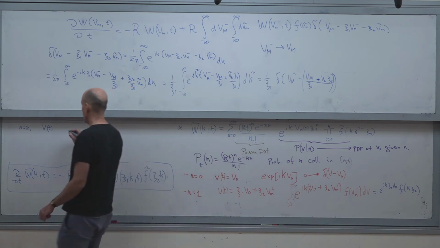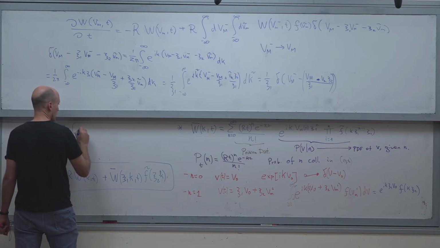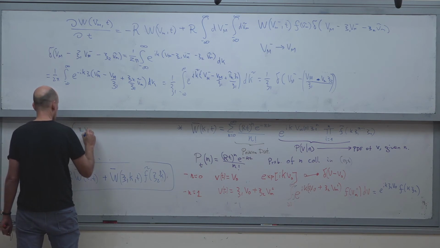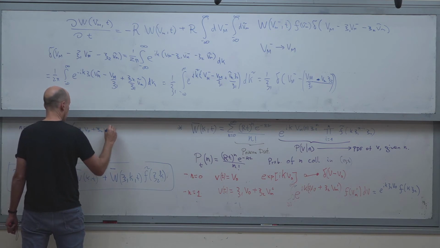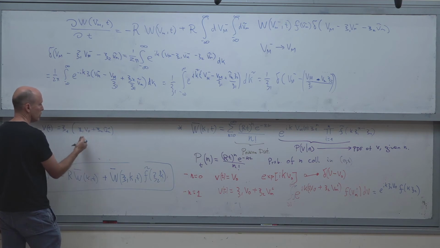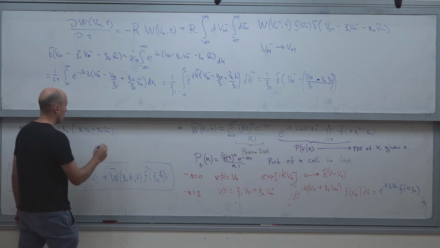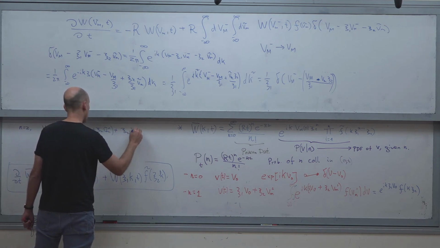So it is psi 1 times (psi 1 v0 plus psi 2 vm1). This was the velocity before the second collision. Then I have to add plus psi 2 vm2.